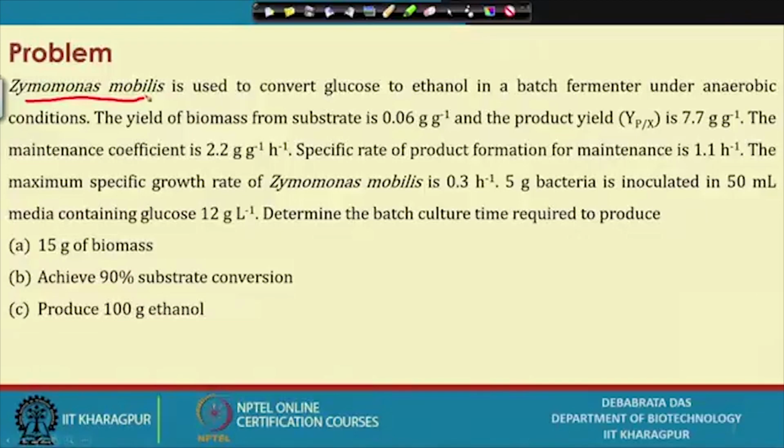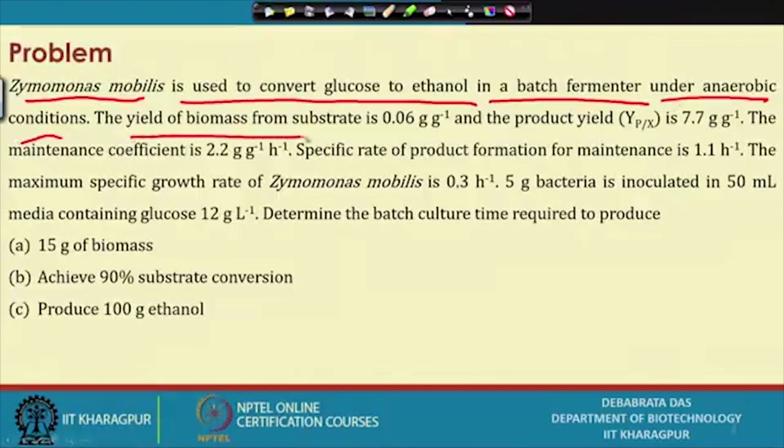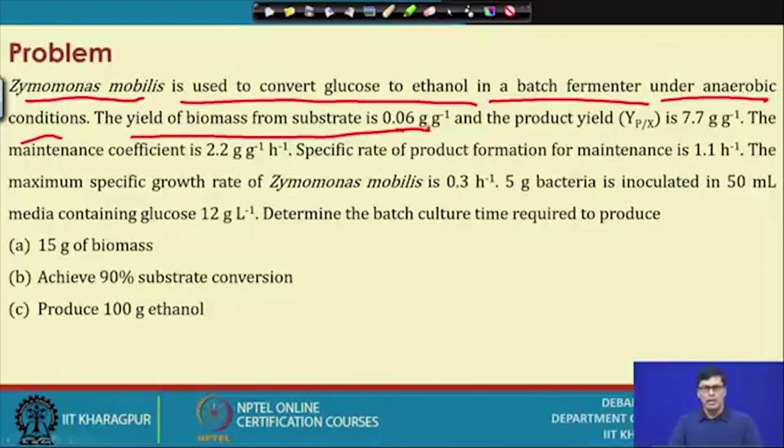Now this Zymomonas mobilis is used to convert glucose to ethanol in a batch fermenter under anaerobic conditions. The yield of biomass from the substrate is 0.06 gram per gram. Here I want to point out that under aerobic conditions the yield of biomass is very high, maybe 0.3 to 0.5 grams per gram. But under anaerobic conditions we usually have very little cell mass formation.